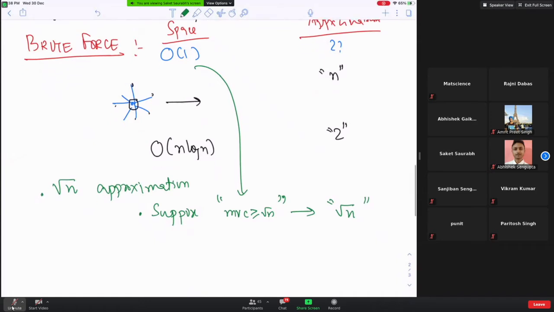What is an approximation factor? Approximation factor is ALG by OPT. ALG is giving me n and OPT is at least root n. So this is an order root n factor approximation.